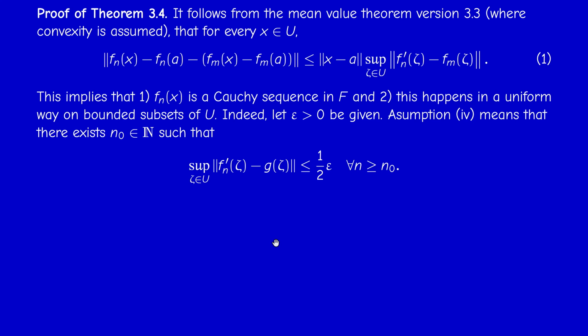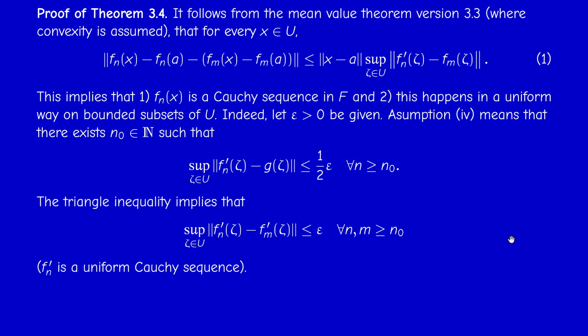Here I took epsilon over 2. It's not really important. This happens for every zeta, from a certain rank. The idea of uniform convergence is that you can take the rank independent of zeta. So it works for all zeta. This is why we call it uniform.